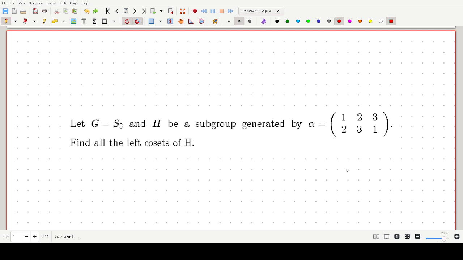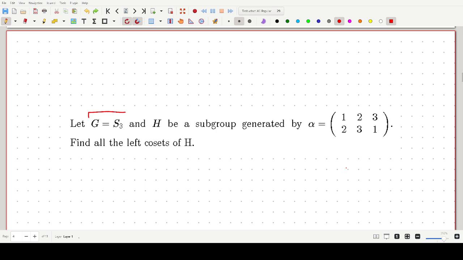In this question, there was a similar question that exists on this channel. It is a little complicated, so I thought of solving an easier problem and letting you get the hang of solving these kinds of problems where you have to find out the left cosets of a subgroup of the permutation group.